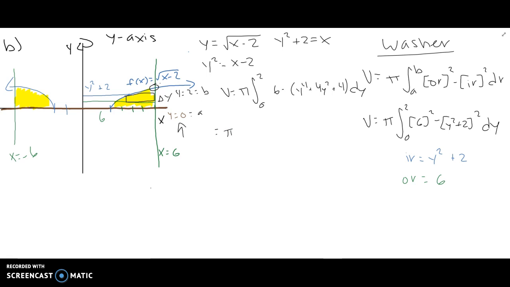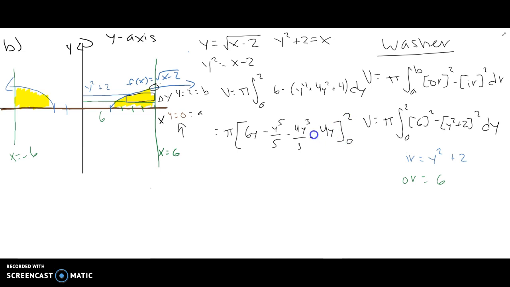times, and I'm just going to integrate this now because that's just a bunch of individual terms. So we're going to split up the integral, and we have 6y minus y to the 5th over 5 minus 4y cubed over 3 plus 4y evaluated from 0 to 2, right? So I just distributed the negative there.